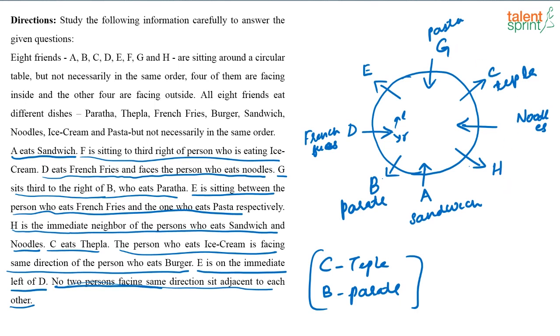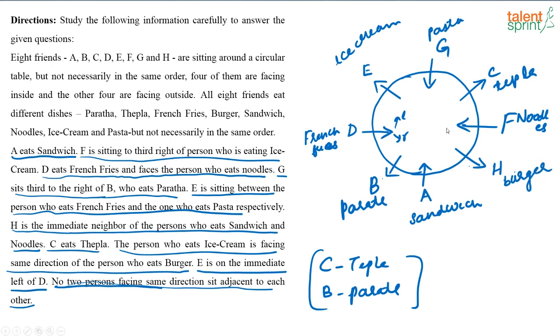Not possible. So this has to be the person who eats ice cream for sure. If this is the person who is eating ice cream, F is sitting third to the right of this person, and this has to be F. Okay, and so that is ice cream, this is F, and who is this? This is going to be burger. So this is your final arrangement.